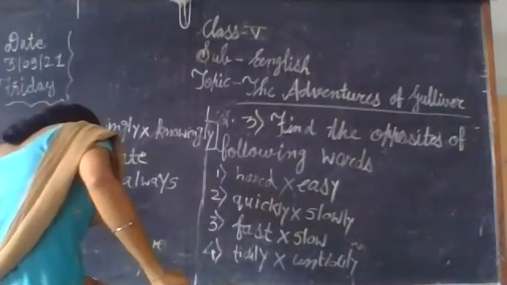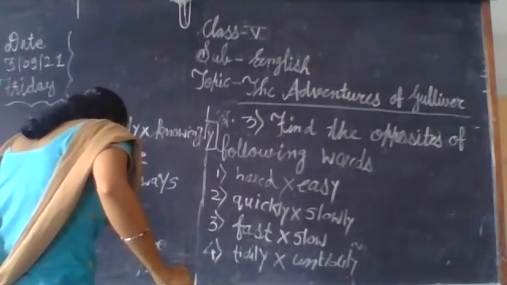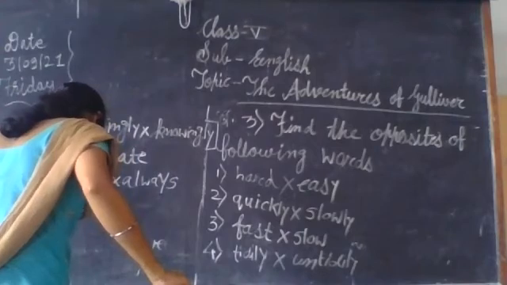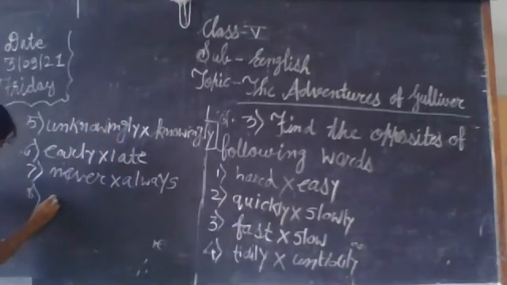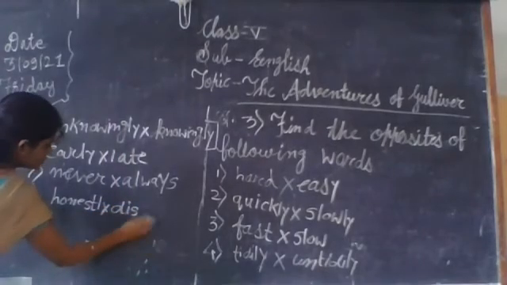Number 8, honestly, opposite is dishonesty.